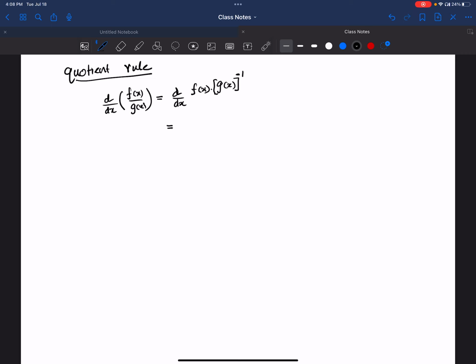I can put g of x to the power negative 1 times d over dx f of x, plus f of x times d over dx of g of x to the power negative 1.